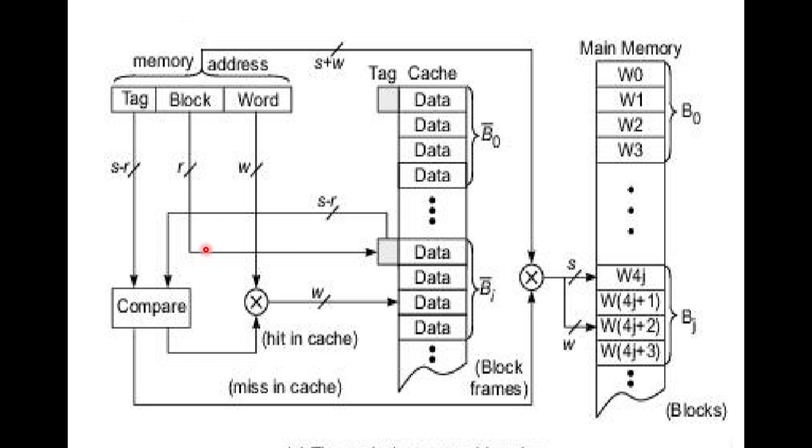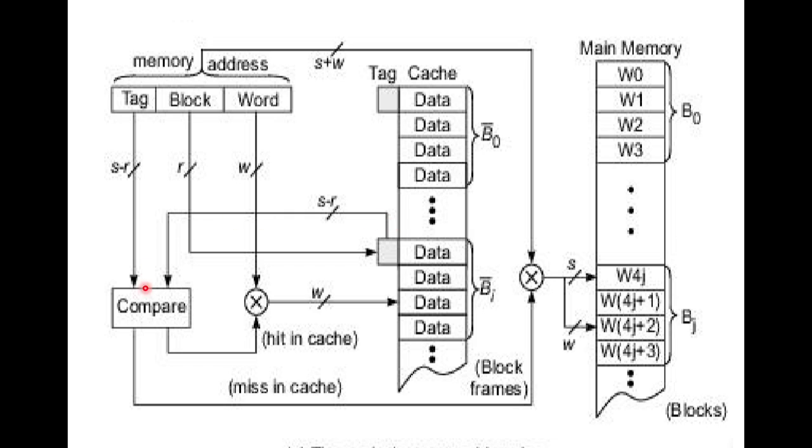So this is a simple example of direct mapping. Here the CPU will issue the memory address, and that memory address is compared with the tag in the cache.